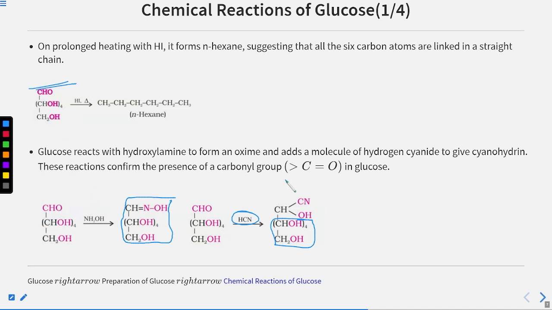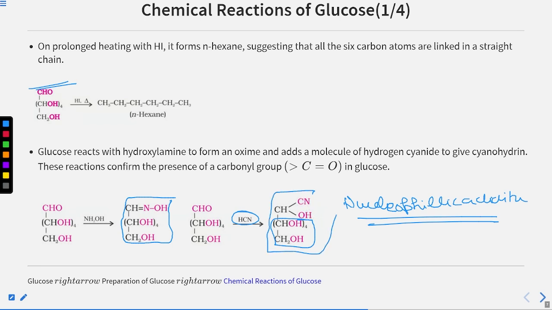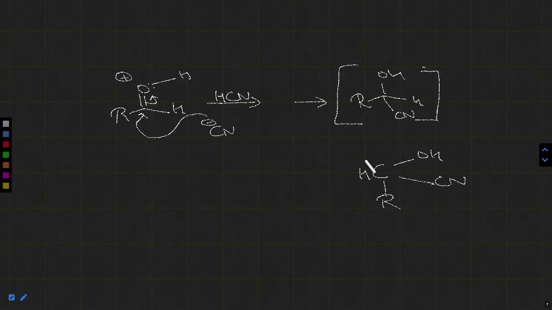No, this falls under nucleophilic addition. Now if I ask you what further reactions can be done with this product, we have a cyanide group here.